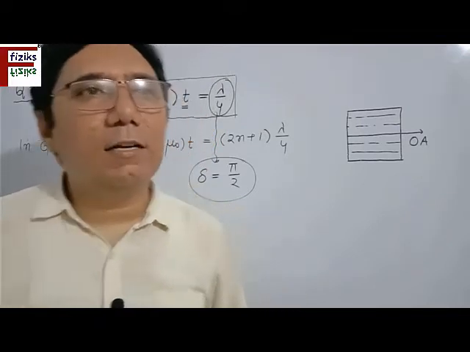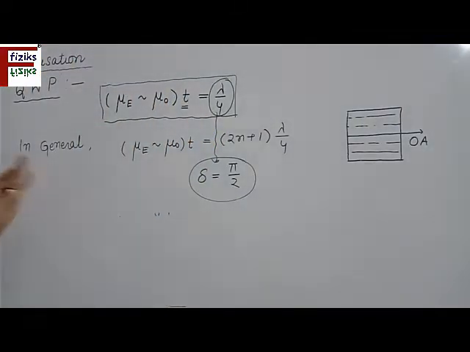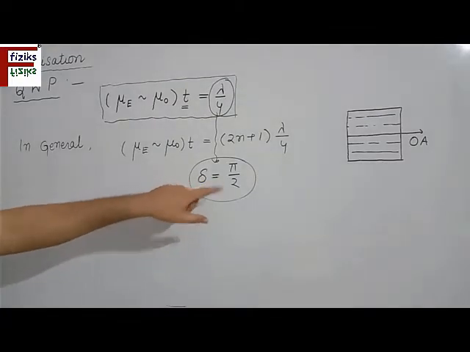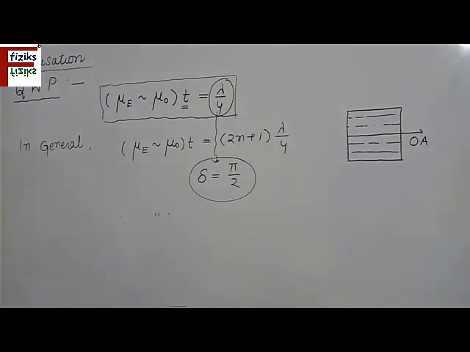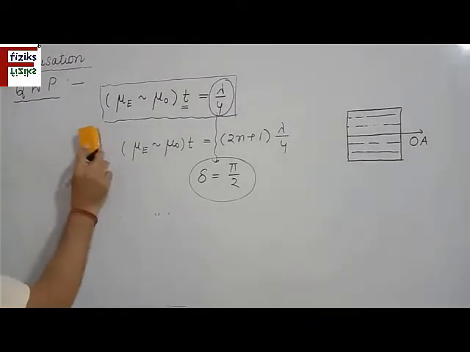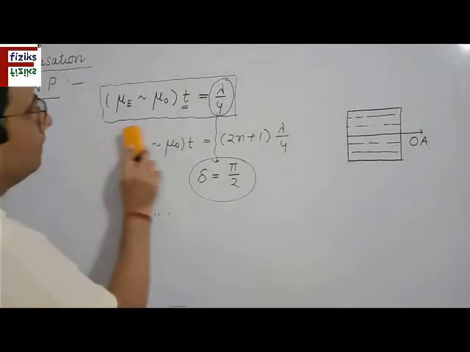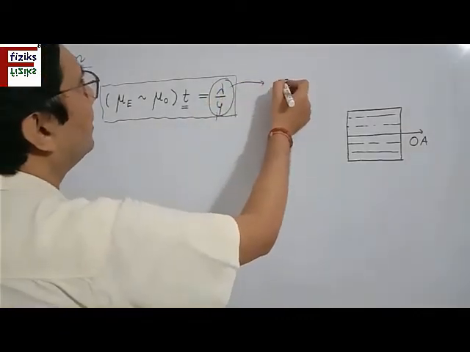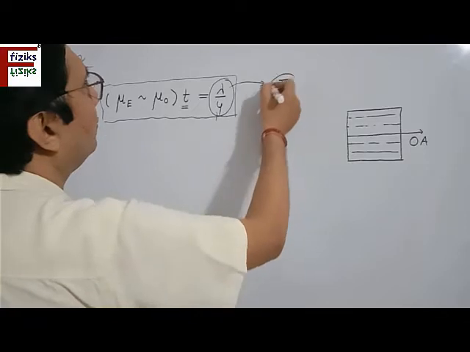This quarter wave plate has many applications due to the introduction of this phase delta equal to pi/2. I will discuss them one by one. Here this λ/4 is equivalent to pi/2.